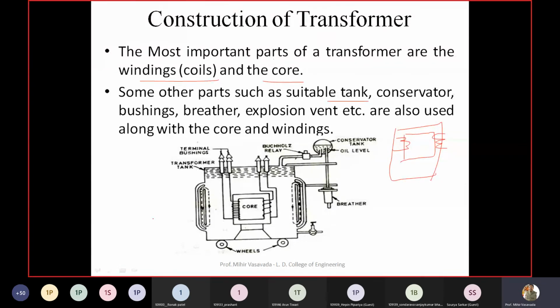So that will generate a large amount of heat. So to dissipate the heat, generally all the transformers are oil immersed transformers. Entire transformer assembly is put inside the oil, and it is called an oil immersed transformer.